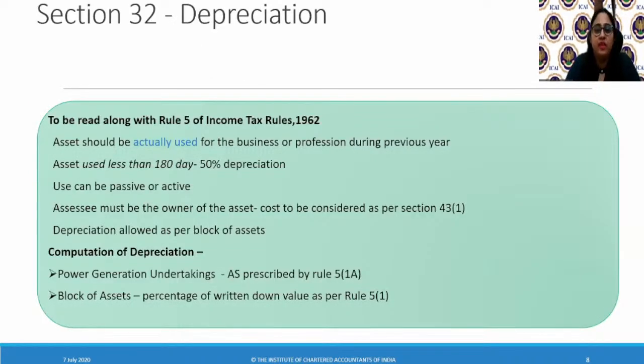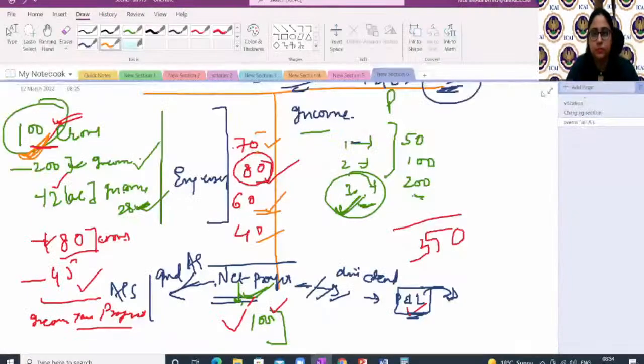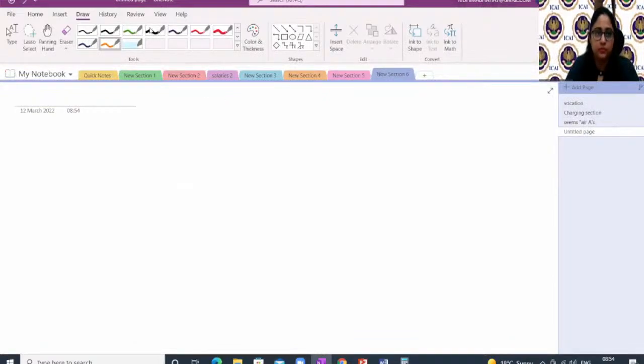Next thing, very, very important: section 32 along with Rule 5. Depreciation, students. Very important. Now, what is depreciation?